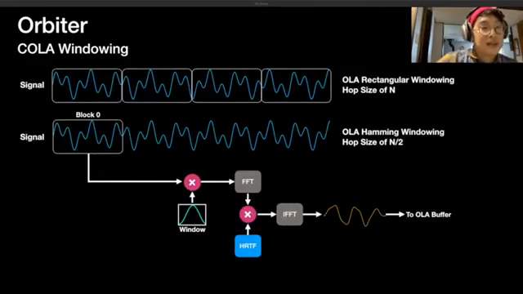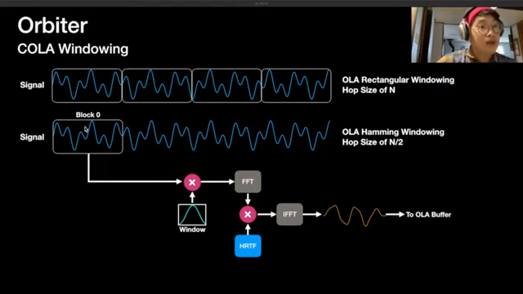So looking at this in a little bit more detail, we have this original signal. At the top, this is our previous overlap and add method. And it turns out that our previous method of overlap and add is actually COLA compliant. Just at the time we were using a rectangular window, and the next block started at the end of the previous block.